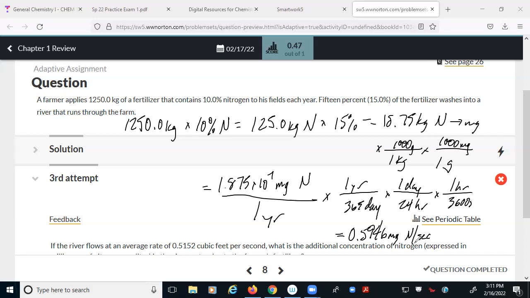Now all we need to do is convert this cubic feet into liters. You'll need a volumetric conversion for that.